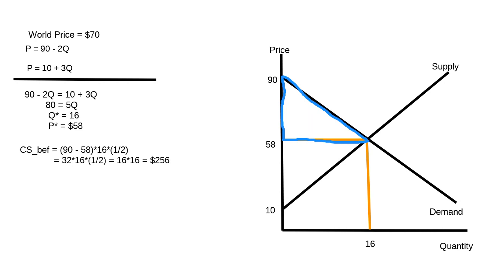Now we see that the world price is $70. So that puts the world price above the equilibrium price.